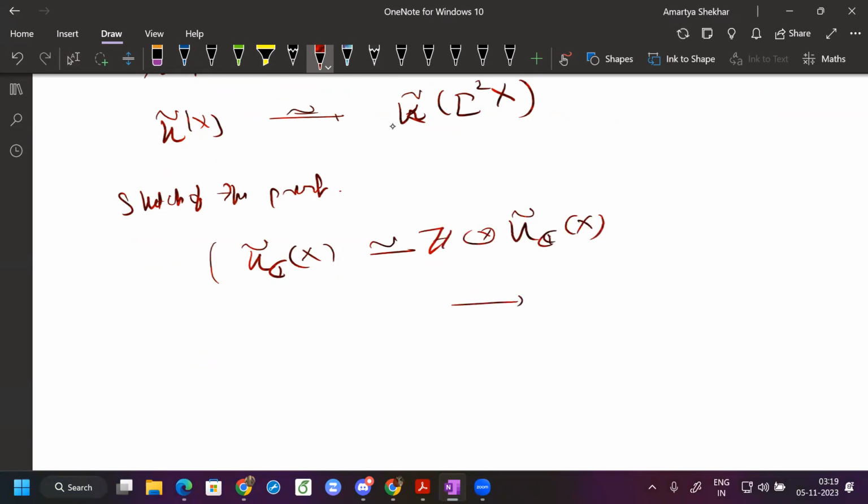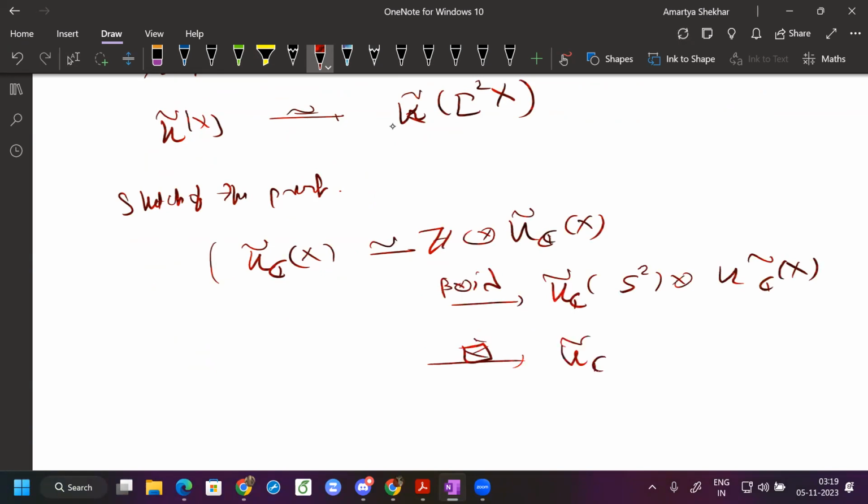Right. Oh, oops. This will give us the K of S of X, and that is when you take the external direct product of X, and that will give us basically, right.